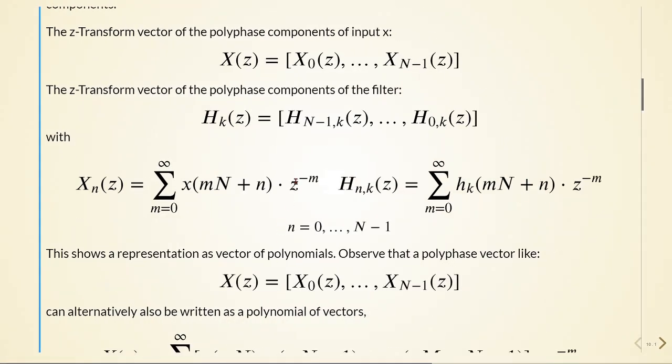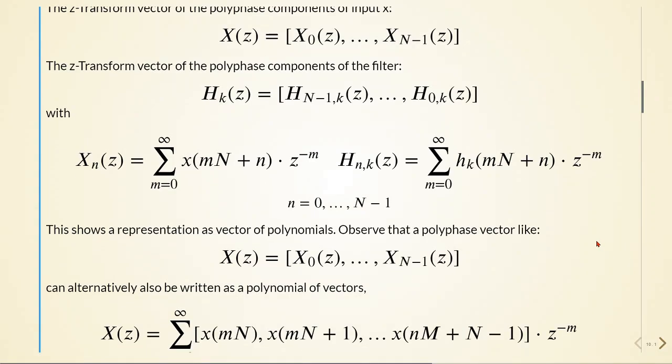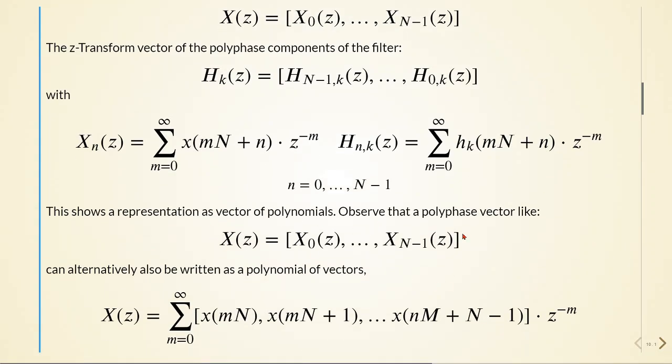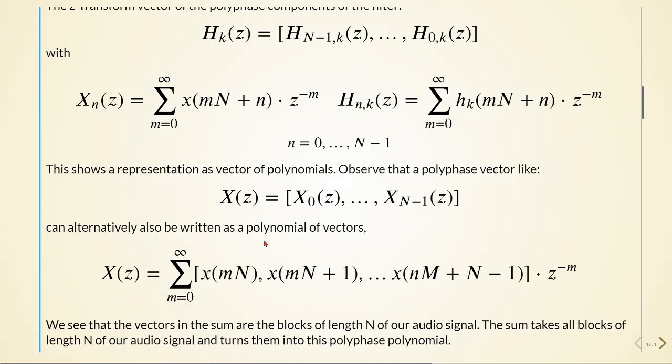And we see here we have z to the power of minus m, so very important to pay attention. This shows a representation as a vector of polynomials. Observe that a polyphase vector like this can also be written as polynomial vectors.